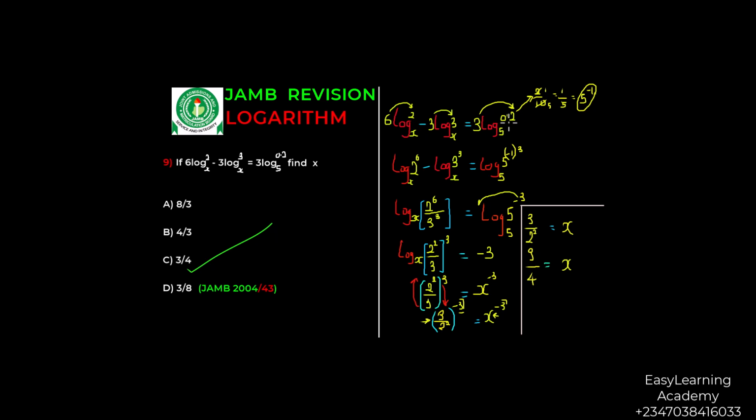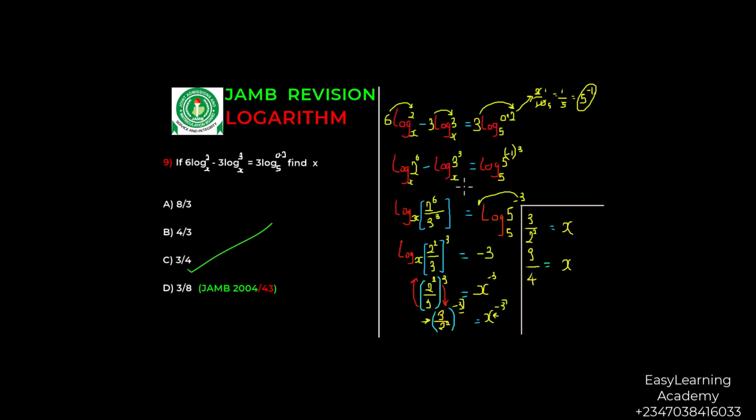We changed 0.2 to a fraction first, 2 over 10, and divided. 2 cancels itself, 1 over 5, which is the same as 5 raised to the power of minus 1. So we replaced our 0.2 with 5 raised to the power of minus 1.